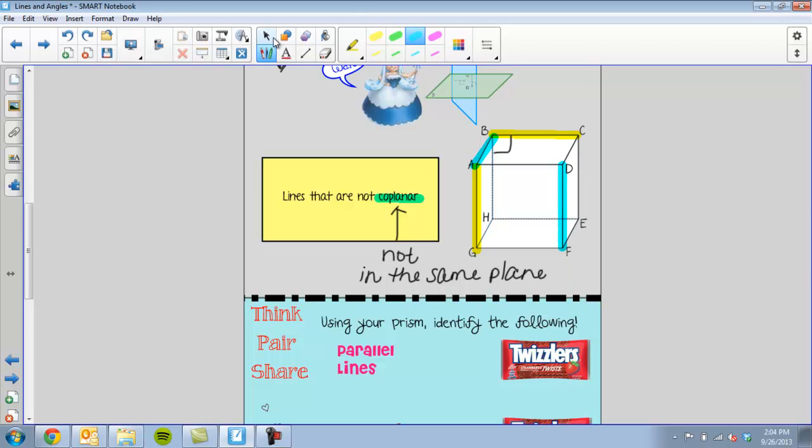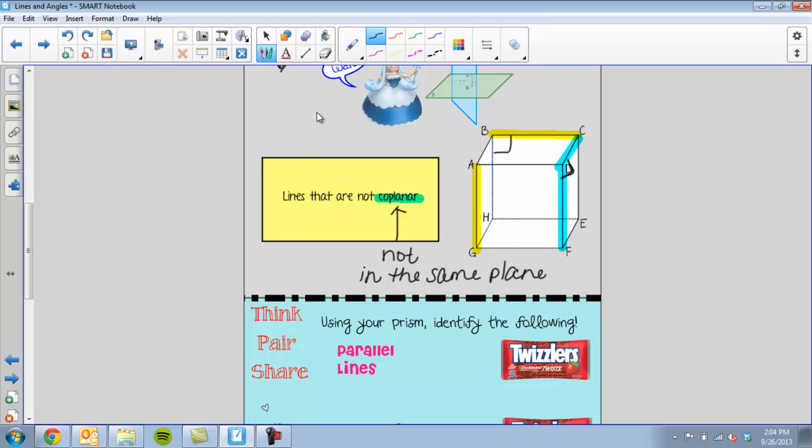Those two lines are not in the same plane. Although they'll never touch, part of the problem is because, again, they are not in the same plane. It would have to be moved here, where we would see that right angle is here.